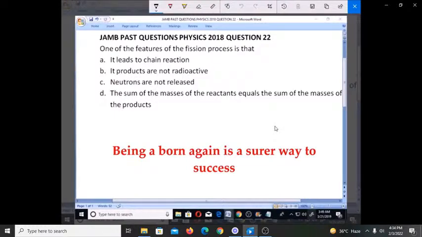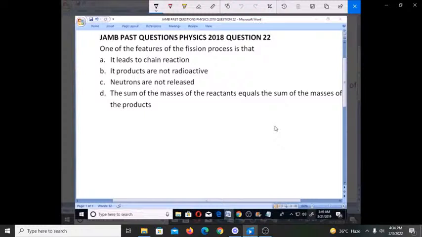Now, for us to be able to appreciate this very well, we need to note that in a nuclear fission, we talk about a nucleus of an atom disintegrating into smaller ones.